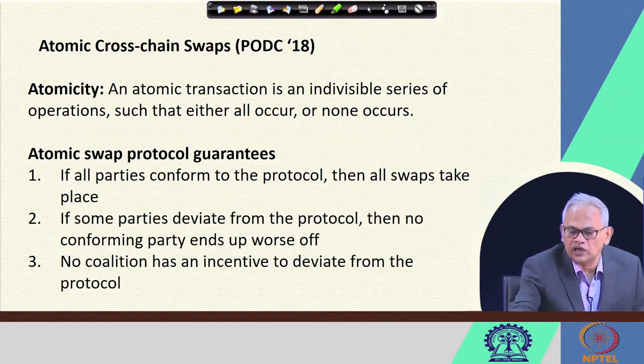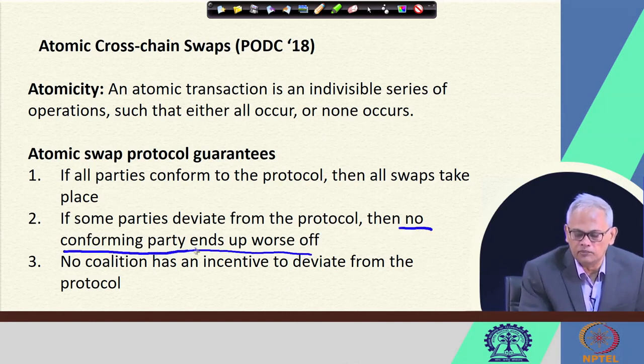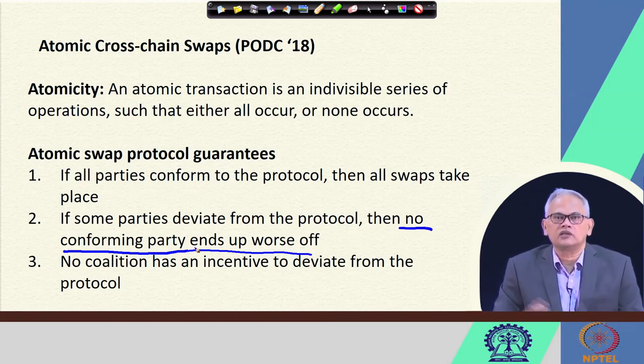And of course, it means that no conforming party would end up being worse off. It may so happen that the actual exchange does not take place, but that is fine as long as there is no situation in which those who are conforming got their payments deducted, but did not get anything in return.